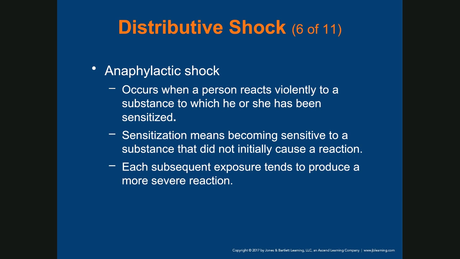And for the white cells to get to the area, we must have vasodilation, right? Because they move to wherever the problem is. So when histamine is produced, the blood vessels open up and they become more permeable, right? Now, at a local level, that's fine.